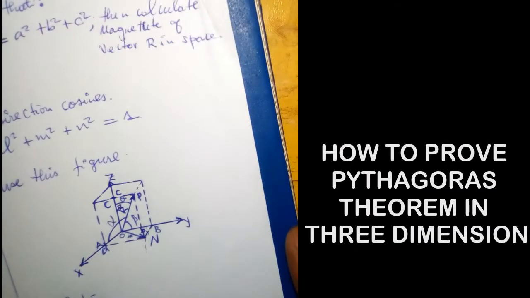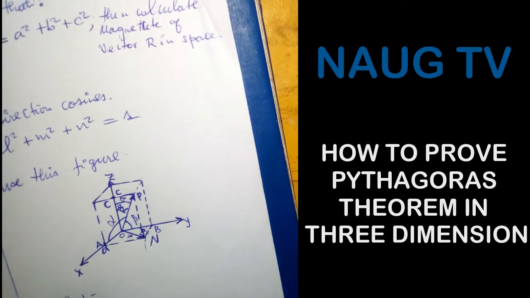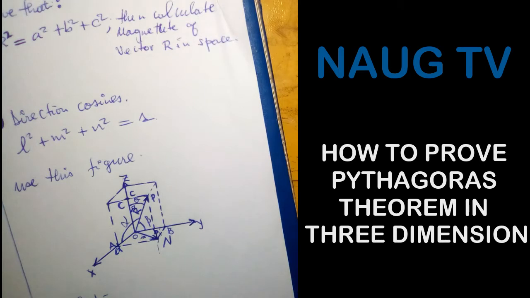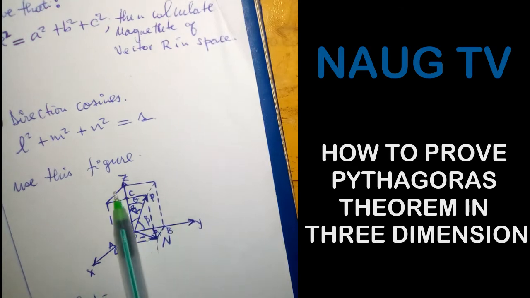Hello again, bakunzi ba Noji TV. Today we are going to see how we can prove in 3D that r squared equals a squared plus b squared plus c squared, where A, B and C correspond to the x-axis, y-axis and z-axis respectively, as you can see them in this figure.